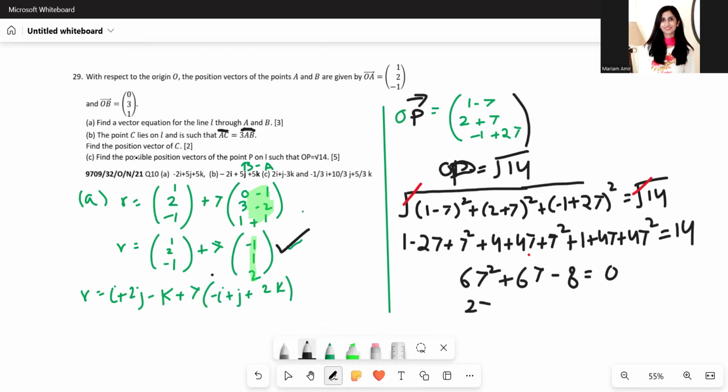So I'm getting 2 lambda squared plus 3 lambda minus 4 equals 0. So we will be solving this quadratic equation next.